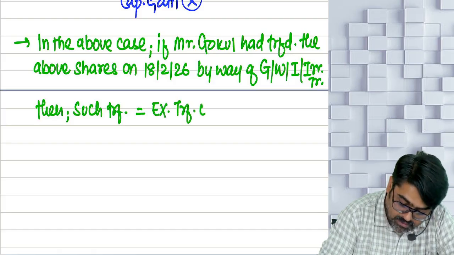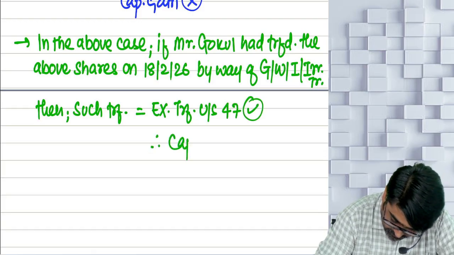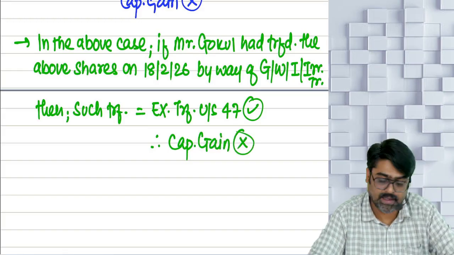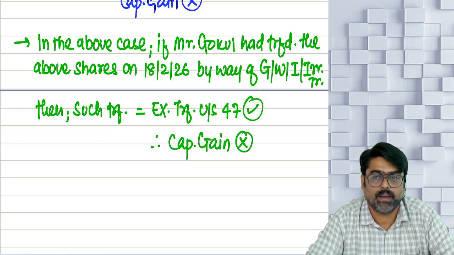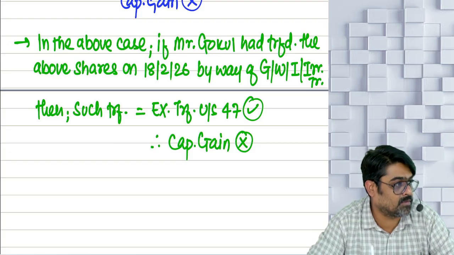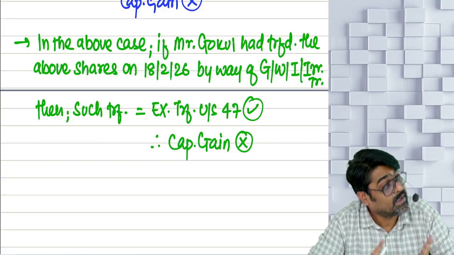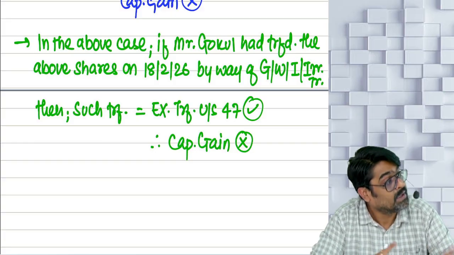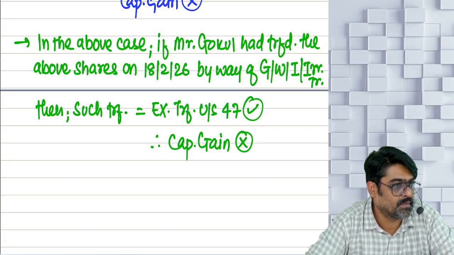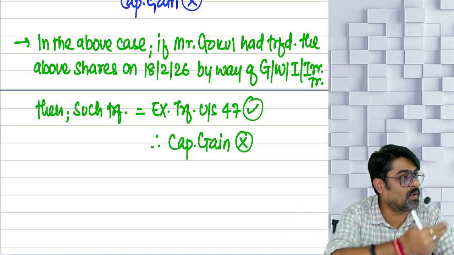Exempt transfer under section 47, and therefore capital gain will be calculated or will not be calculated? Will not be calculated. Capital gain will be calculated only if these shares are transferred by way of a taxable transfer, meaning sold. But if these shares are also given as gift or irrevocable trust or even as will or inheritance, the transfer of these shares will also be exempt transfer. Understood? Sure, sir. This type of small question they can ask you for 2 marks MCQ.